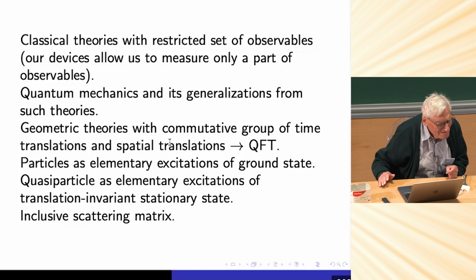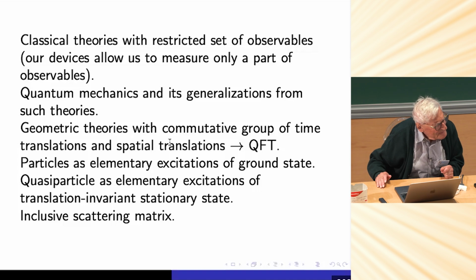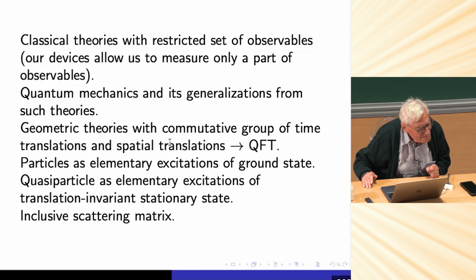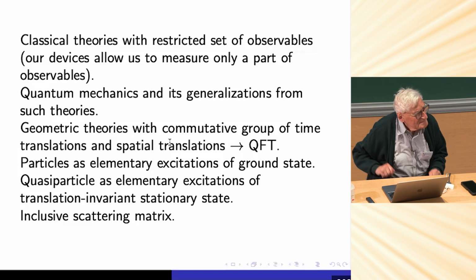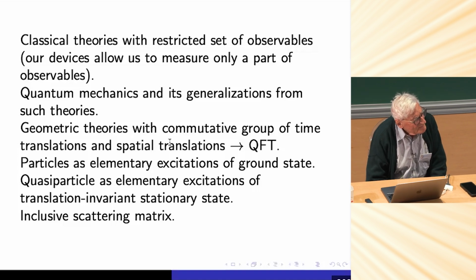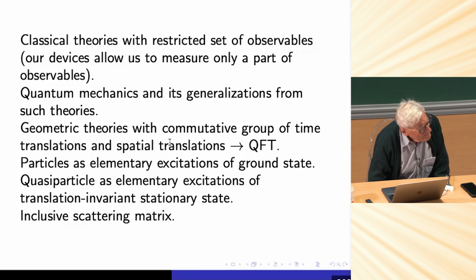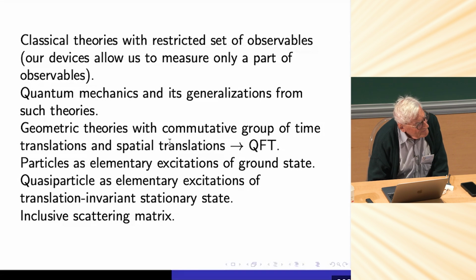Can I ask you one question? Yeah. When you say our devices only allow us to measure part of observables, there is a mathematical notion which seems to fit extremely well with that, which is not algebra, called operator systems, which has been extremely developed, and in which the only thing you require is that if you have two, you have their sum.